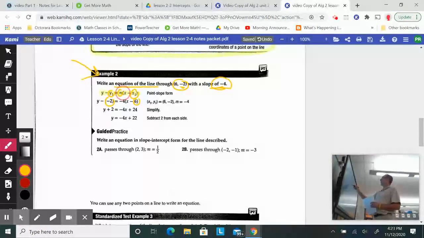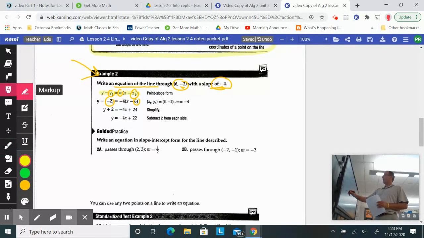and put it where m is, you end up with this equation. And all you got to do now is simplify. y minus negative 2 is y plus 2. Distribute negative 4 times x and negative 4 times negative 6. You get negative 4x plus 24. And to put it into slope intercept form, see, I get those mixed up, they sound so similar.